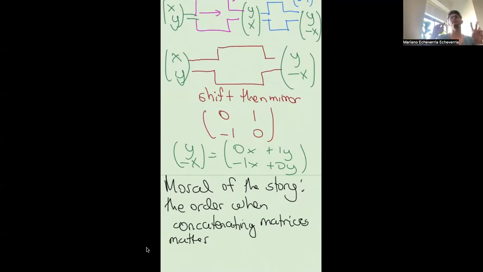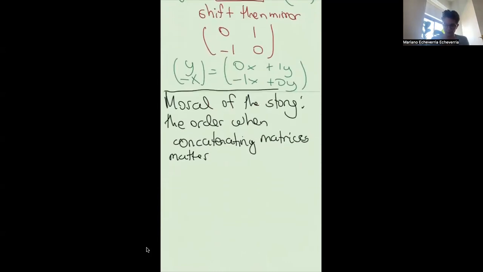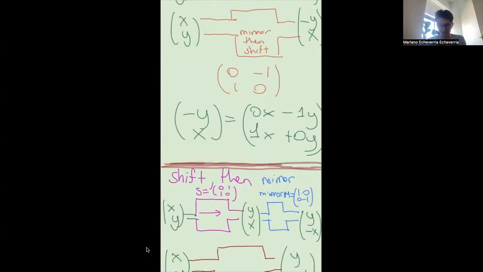The idea is that when you have two matrices, you're going to define what's called matrix multiplication, and matrix multiplication corresponds to this operation of putting one matrix after the other. Let me try to do it first in a diagram.